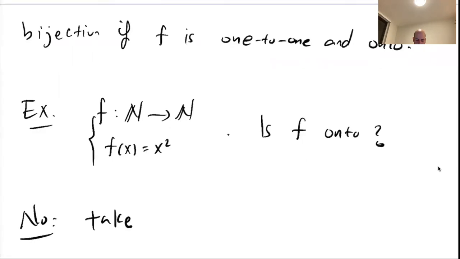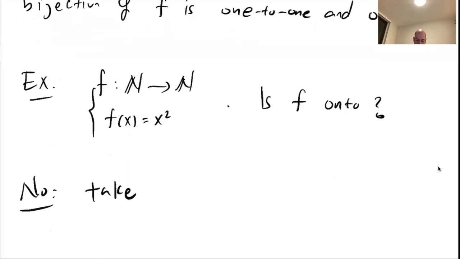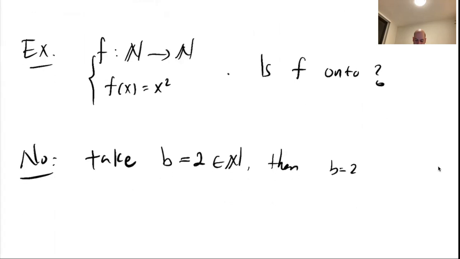Take, let's say, some b, let's say b equals 2. Then b, which is in the codomain, will not be in the range of f.